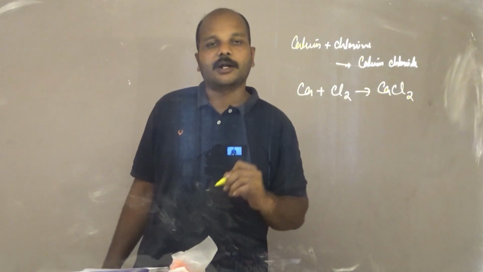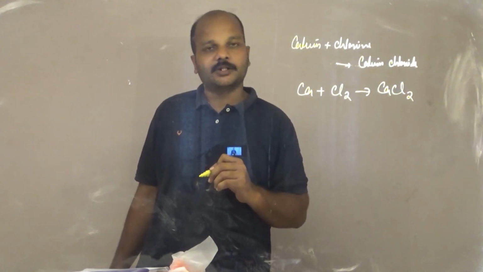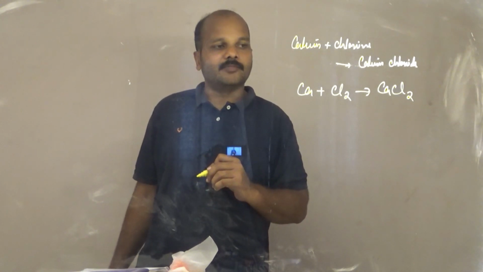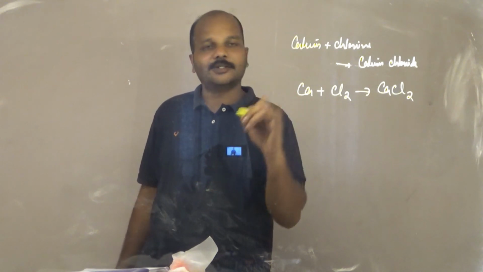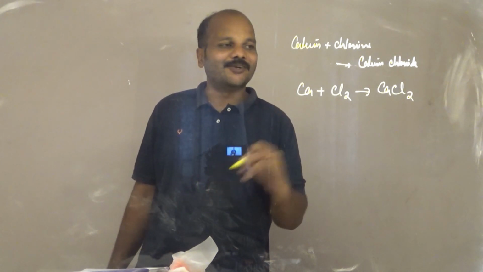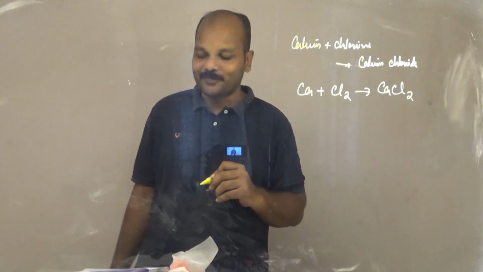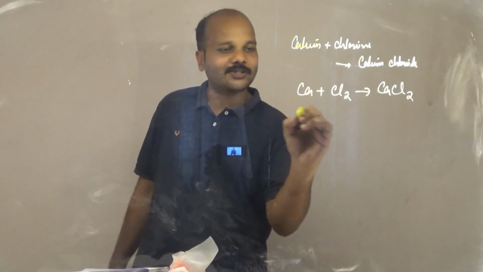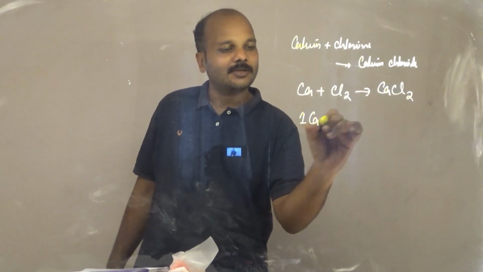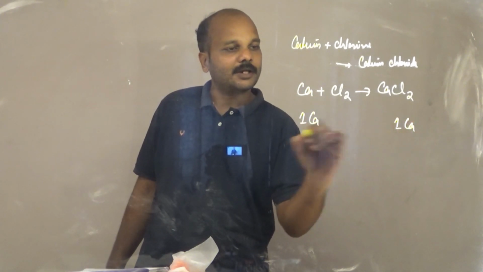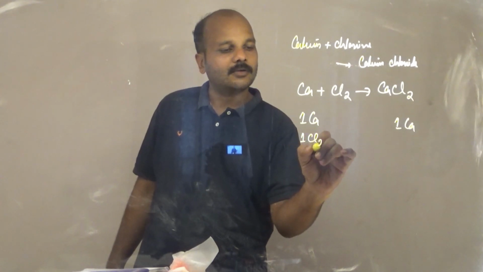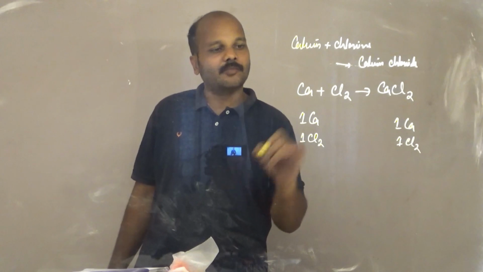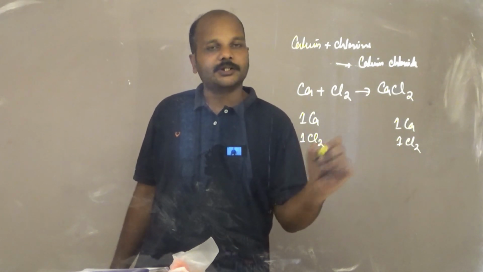Try to ensure that you are writing the right symbols, whether it is an atomic symbol or a molecular symbol. Calcium is Ca, chlorine is Cl2, and calcium chloride is CaCl2. The next step is to balance it. Here it is one calcium, here also one calcium; here it is one Cl2, here also one Cl2. Both sides it is calcium, both sides it is Cl2.